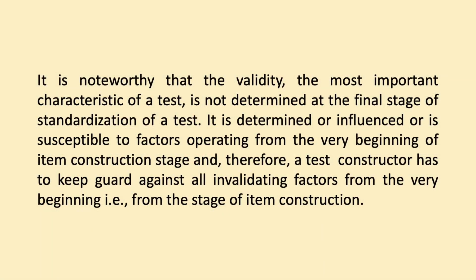It is noteworthy that validity, the most important characteristic of a test, is not determined at the final stage of the standardization of a test. It is determined or is susceptible to factors operating from the very beginning of the item construction stage, and therefore, a test constructor has to keep guard against all invalidating factors from the very beginning, that is from the stage of item construction.